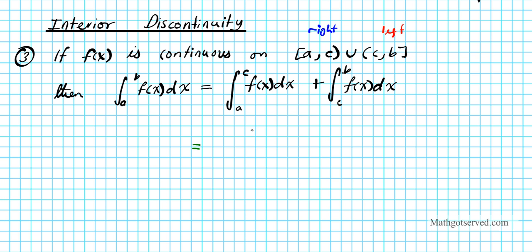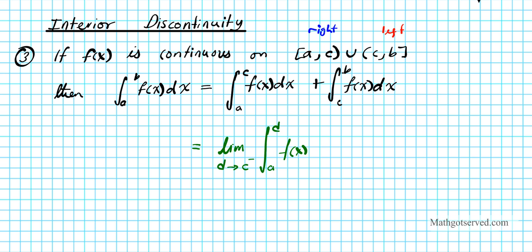So in this case, the upper bound c is not included. So what we're going to do here is take the limit as d approaches c from the left, because there's a right endpoint that is discontinuous here, of the integral from a to d of f of x dx. You replace where the infinite discontinuity is with a variable and take the limit as that variable approaches the discontinuity.